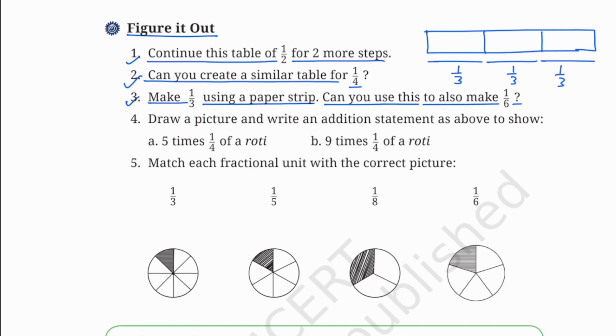It should be folded again such that you get exactly half of 1 upon 3, such that this unit length paper strip has 6 equal parts. So one part will be 1 upon 6. You can see, 1 upon 3 is double of 1 upon 6.